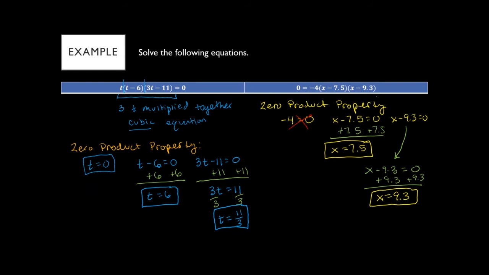So I looked for the patterns, and I noticed, oh, my answer is always the opposite of the sign. I looked for those patterns so that I could figure out the answer without actually going through the solving process. Like with the 3t minus 11, I noticed it's always set up this way, so that will give me a positive 11 over 3 as my answer. It worked. I noticed the pattern, and it's entirely correct. It always works out that way.